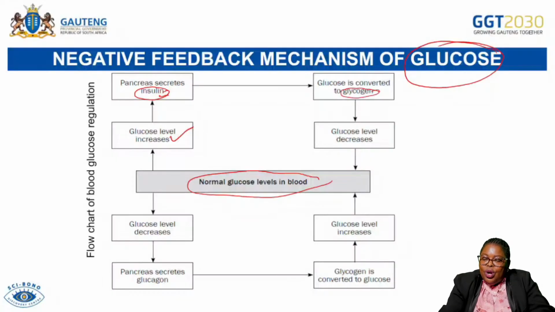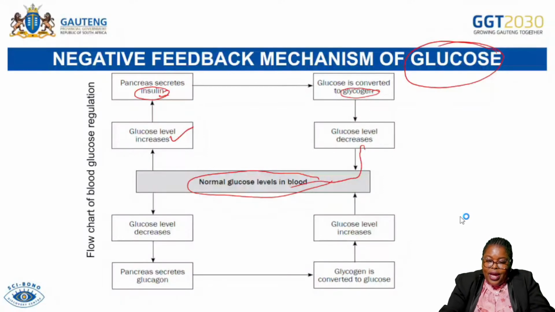Glycogen. Do not confuse glucose and glycogen. We'll come to other terms that you know. Do not confuse all of those. So the pancreas secretes insulin when we have too much glucose in the blood. Then the glucose is converted to glycogen, and the glucose level decreases and comes back to normal.